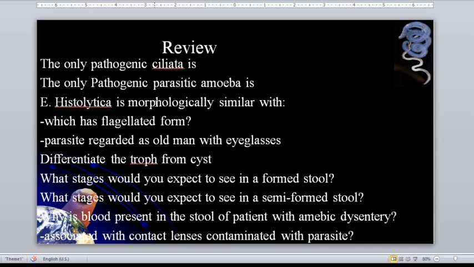Why is blood present in the stool of a patient with amoebic dysentery? Because Entamoeba histolytica can invade the tissues, resulting in bleeding. Associated with contact lenses contaminated with parasite, that is the Acanthamoeba species.